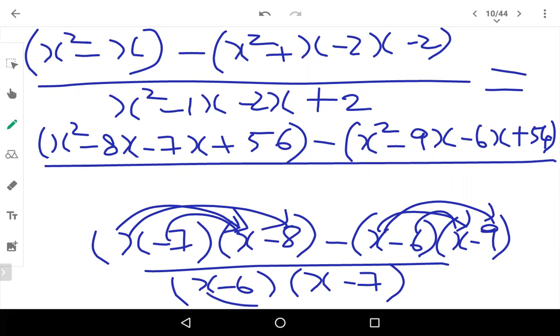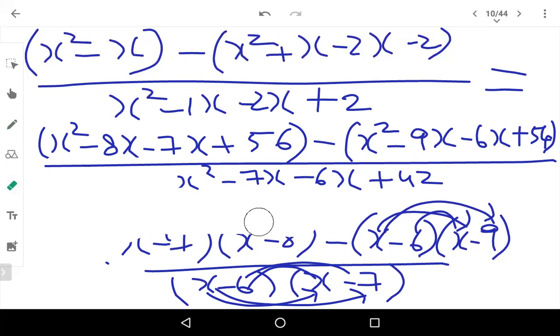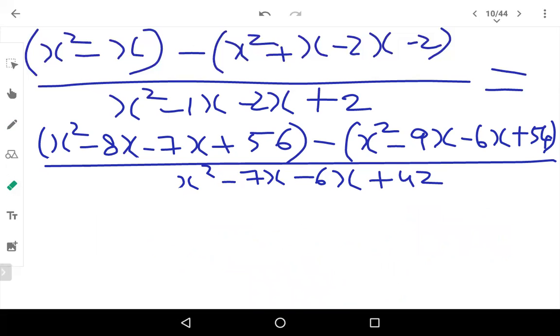In the denominator, x into x is x square. x into minus 7 is minus 7x. Minus 6 into x is minus 6x. Minus 6 into minus 7 will give you minus into minus plus, so 6 sevens are 42. So this will be your next step after you multiply the equations.